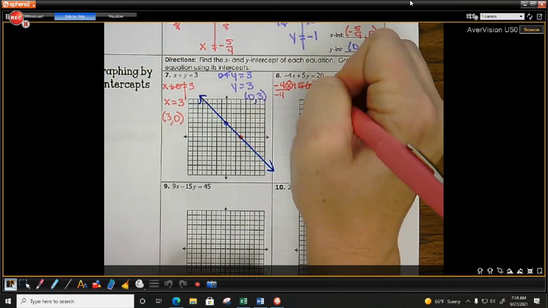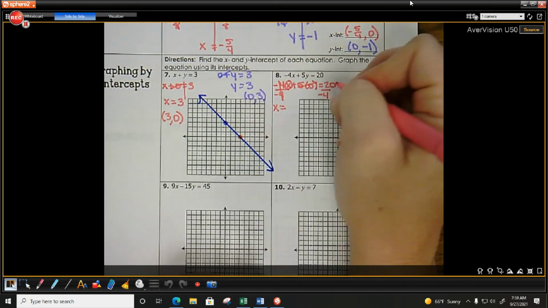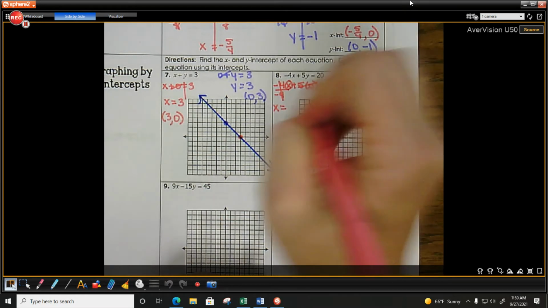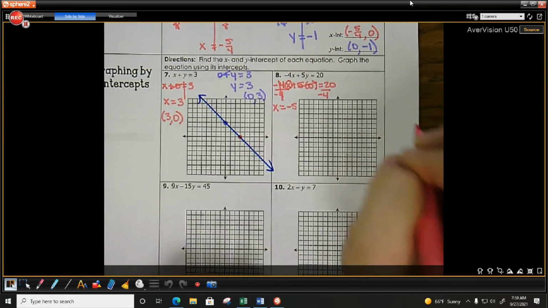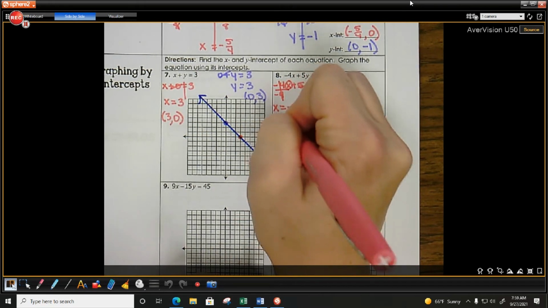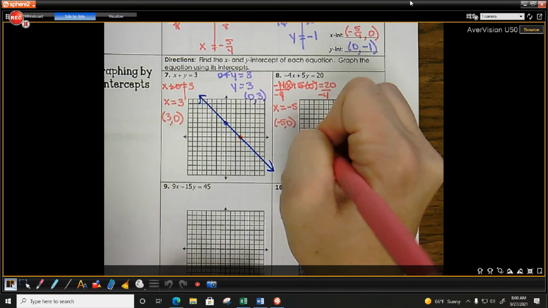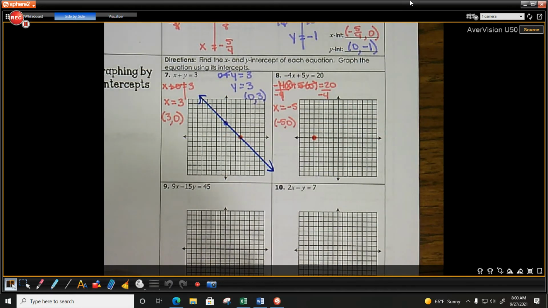Divide by negative 4. So I get x equals, what's 20 divided by negative 4? How do I write that as an ordered pair? Negative 5, 0. Go on your x-axis, put a dot at negative 5, 0.